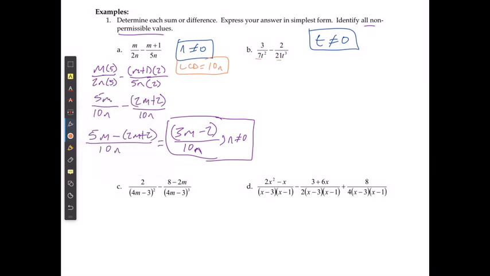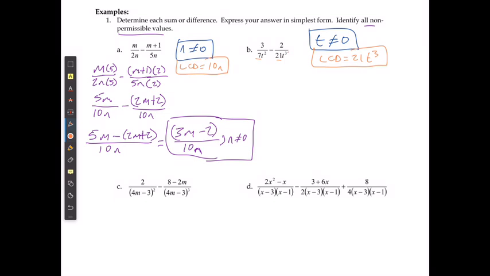If I have the 7 and the 21, the lowest common multiple of those for the denominator is going to be 21. If I have t to the 2 and t to the 3, then they all need to have at least 3 t's.